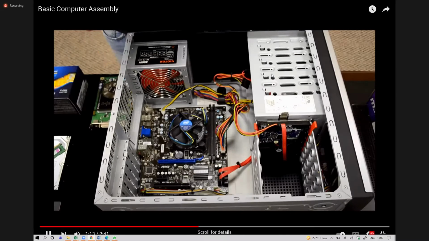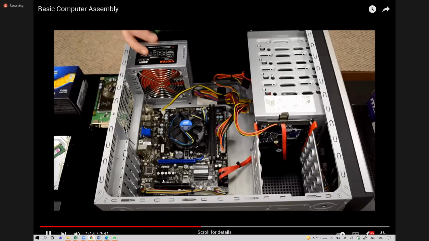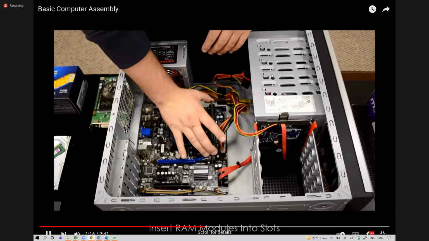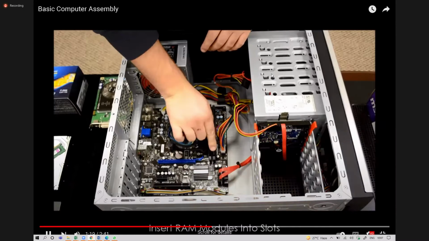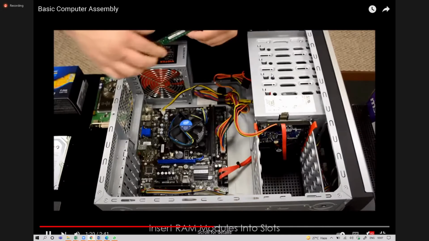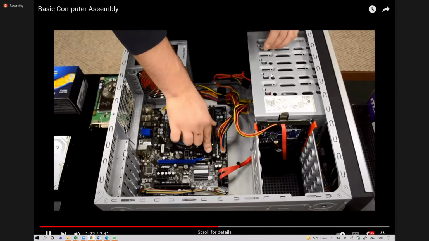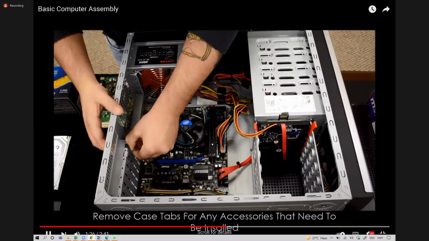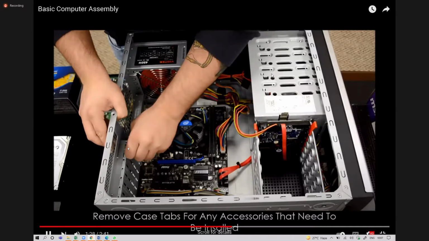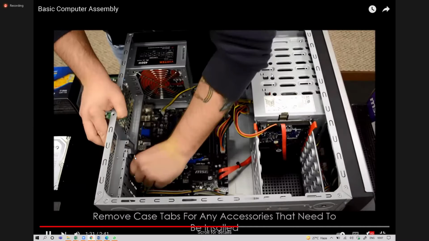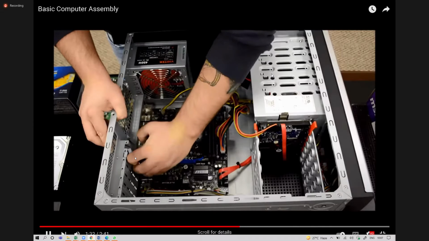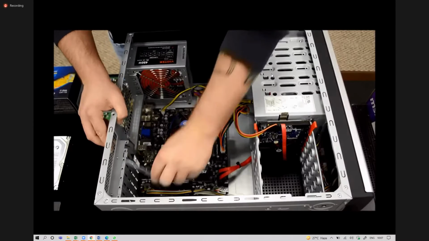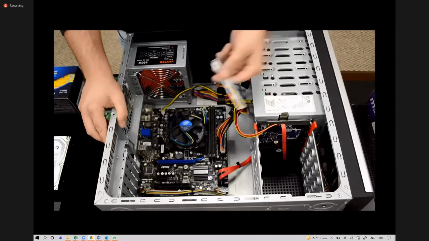This entire rectangular piece is RAM, random access memory. This is a chip, and this is another strip of random access memory. Here we are going to fit a graphics card by removing this metallic plate. Now we are fitting the graphics card.